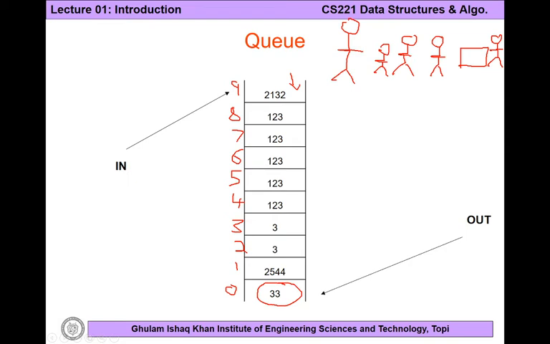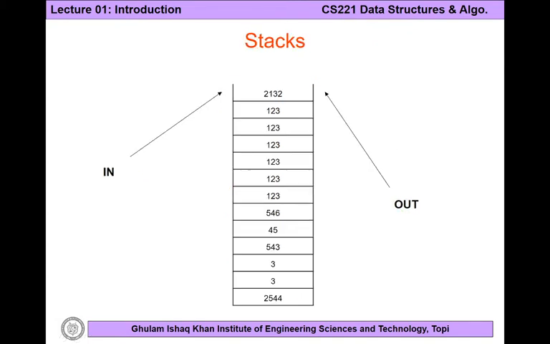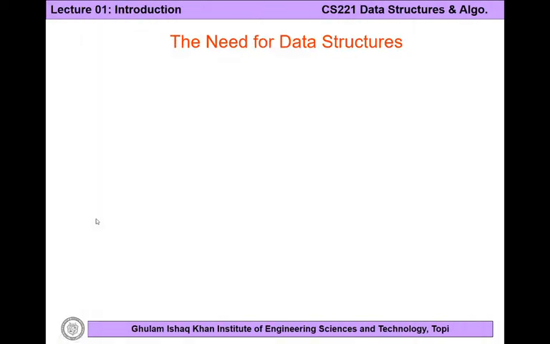If a new entry has to come, the new entry will be here. But if somebody has to exit from the queue, he or she will be exiting from this place of the queue, right? So the queue is a data structure which has two ends, in and out, whereas a stack is a data structure which has only one end, which is used for both in and out, right?